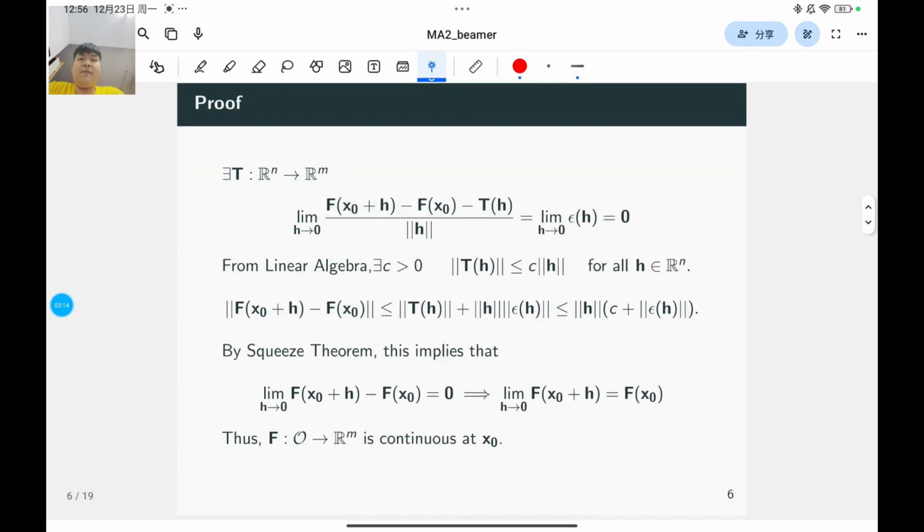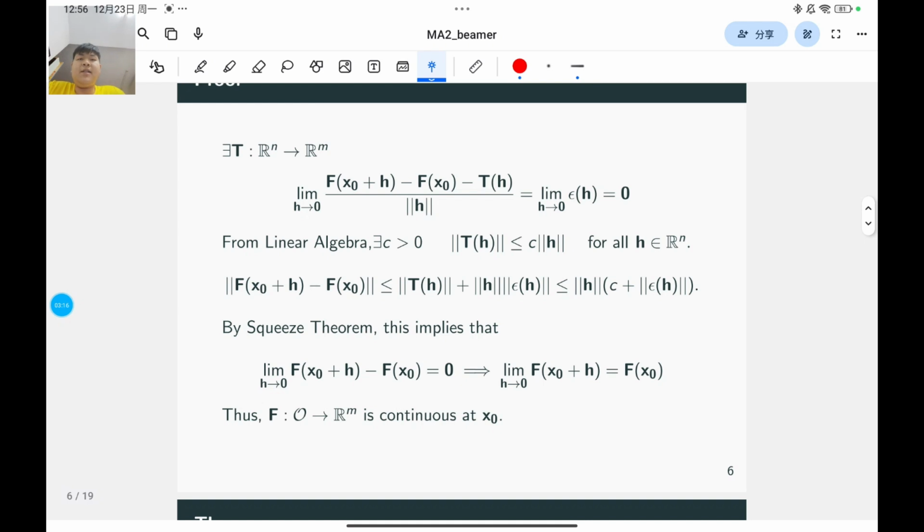Let's see the proof. Since f is differentiable at x0, there exists a linear transformation T such that this limit goes to 0, and this equals epsilon(h) that we already saw in the remark.